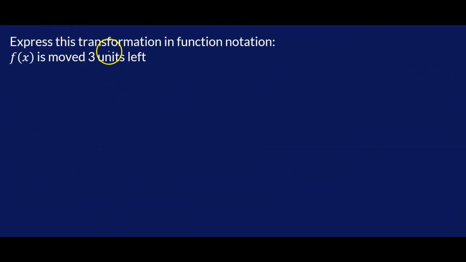So we want to express this transformation in function notation. Here we see that f of x is moved 3 units left. So we're going to remember what we have. We always have f of x minus; it says 3 units to the left, so it's going to be in the negative direction. So this is going to be f of x going to f of x plus 3.